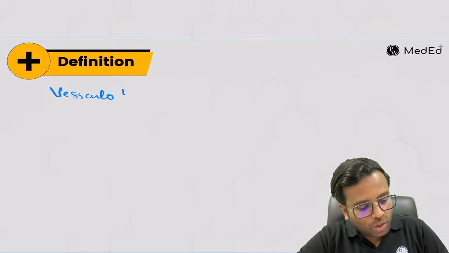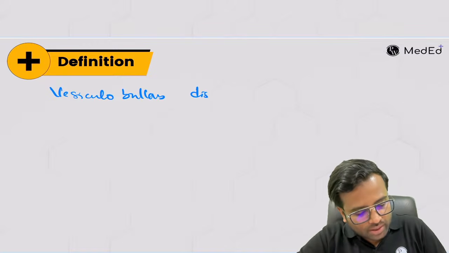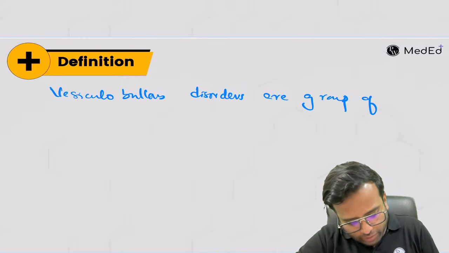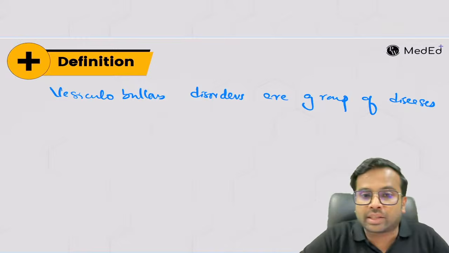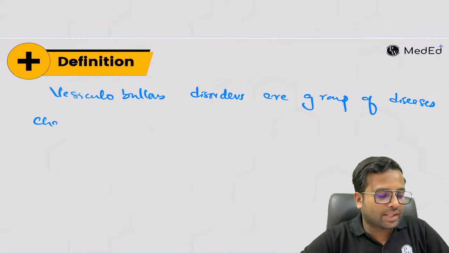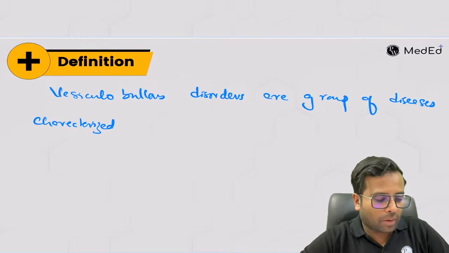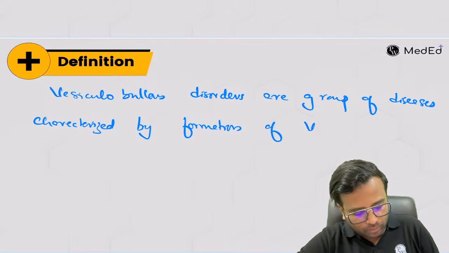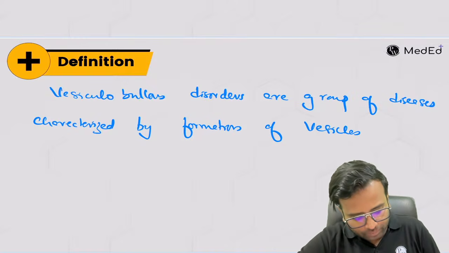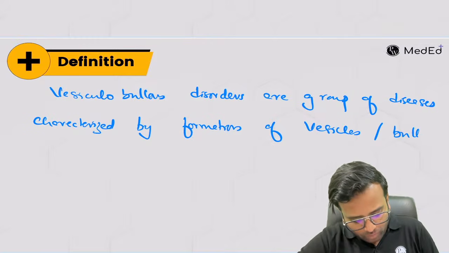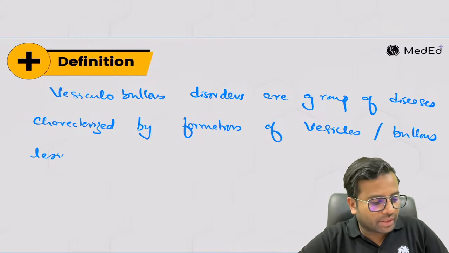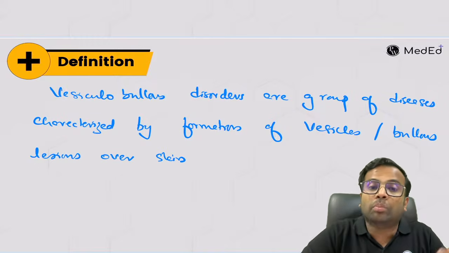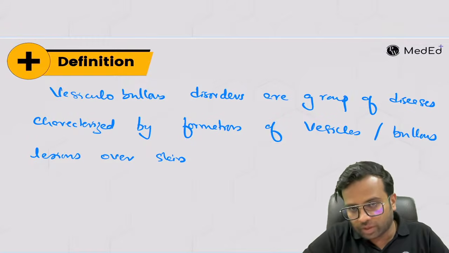Vesiculobullous disorders are a group of diseases characterized by the formation of vesicles or bullous lesions over the skin, isn't it?